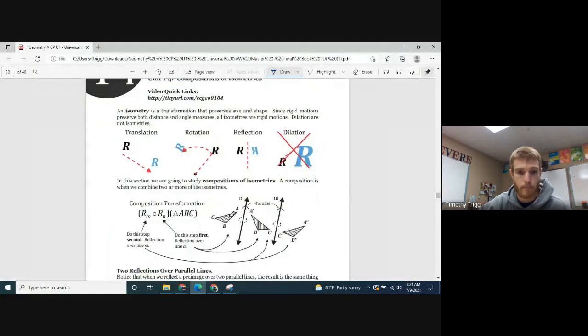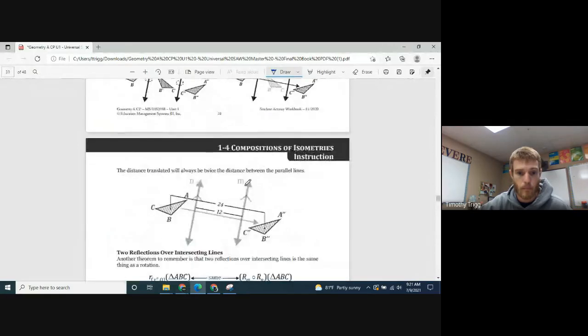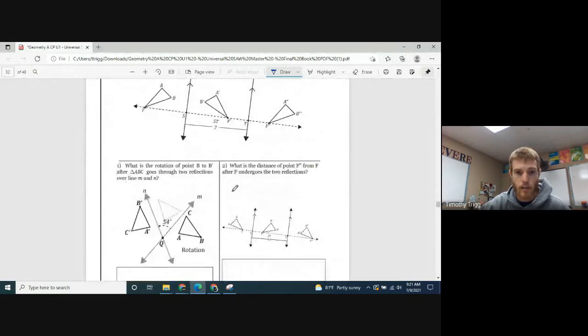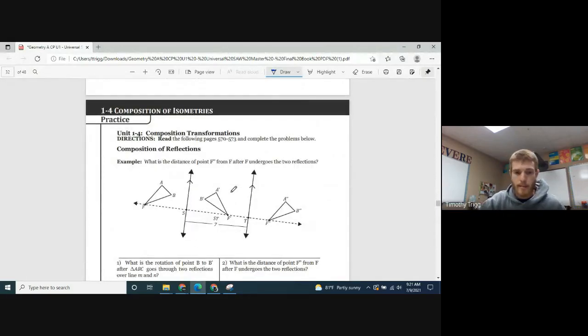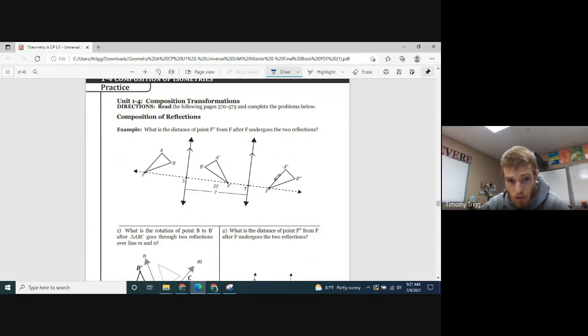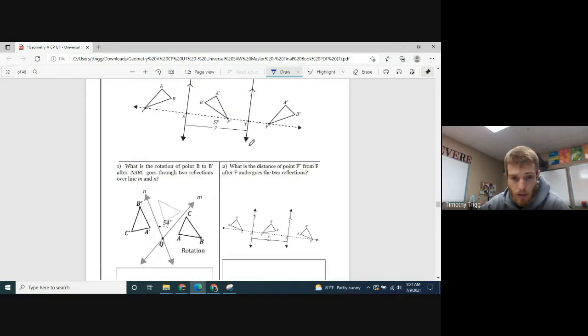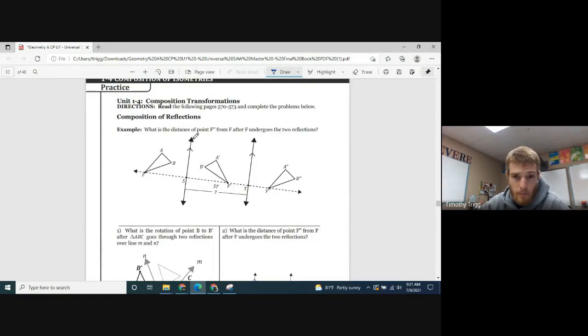Okay. So how does that work? Well, let's take a look at some simple examples. One of the main things I want you to see is when you do a reflection and another reflection across two parallel lines. In this case, these two lines are parallel, and we're reflecting across those two lines. You might notice that ABF and A prime prime B prime prime F prime prime are kind of going the same way, right?